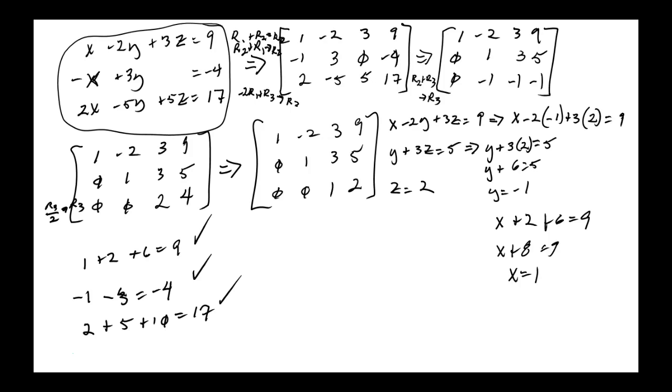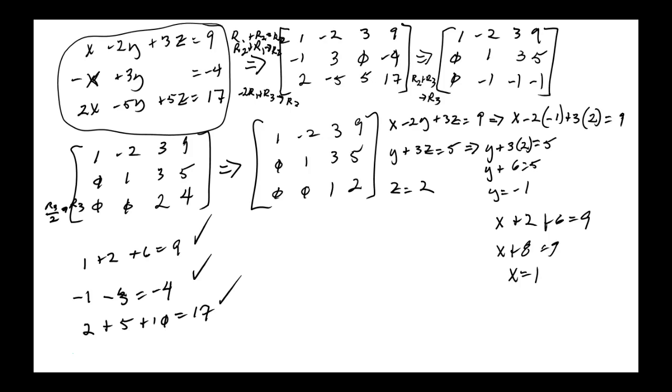Here's the definition of row echelon form. The leading non-zero entry in every row is a 1. Secondly, from the first row to the subsequent rows, the leading 1s always move at least one place to the right. Oh, I left off one.